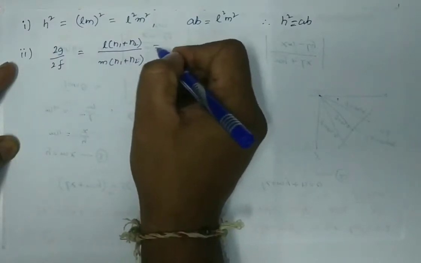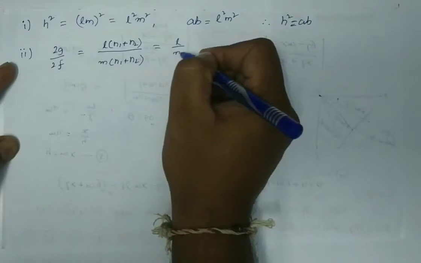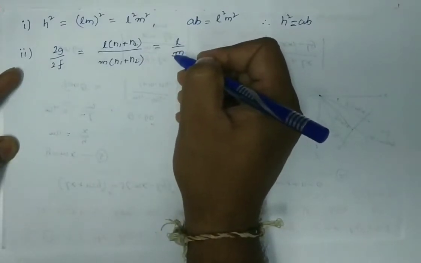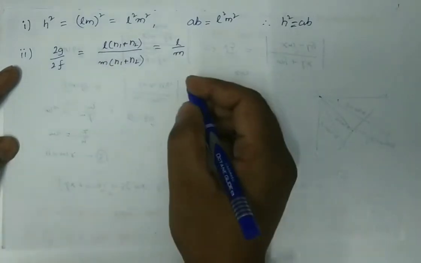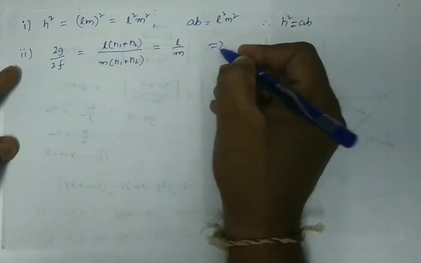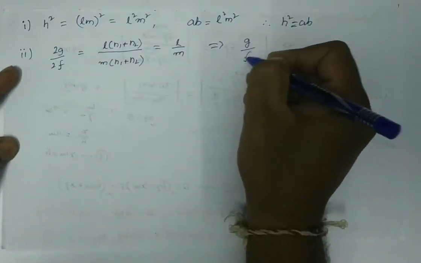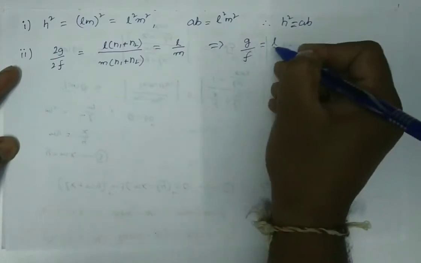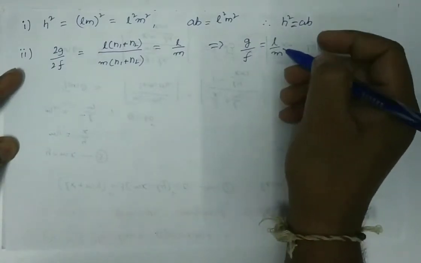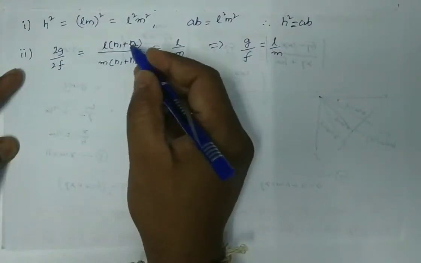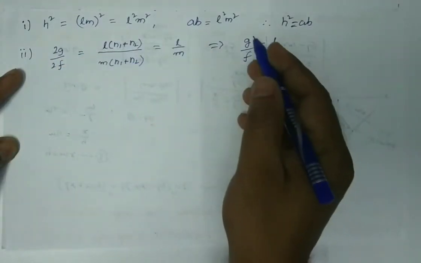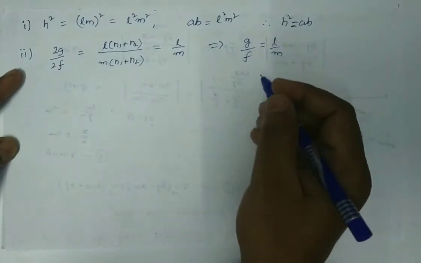Okay, which is equal to L by M. Here 2 gets cancelled, and N1 plus N2 also gets cancelled. So finally we get G by F is equal to L by M.